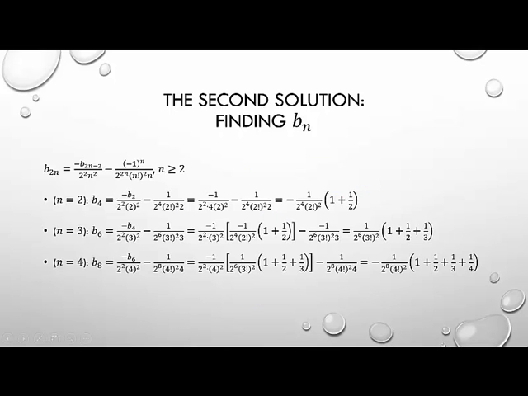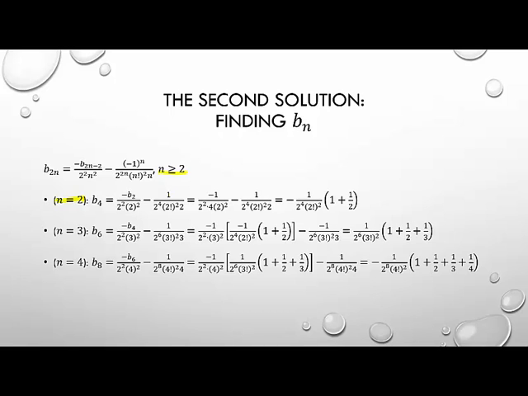So let's try out some values for n here, like when n is equal to 2, because this starts at 2. So we get b sub 4 is equal to b sub 2 times negative 2 squared over 2 squared times 2 squared, minus, now this is negative 1 to the second power, so that's positive 1.